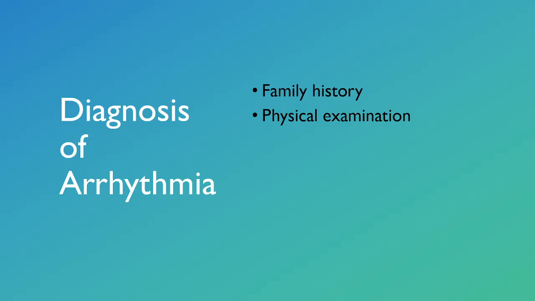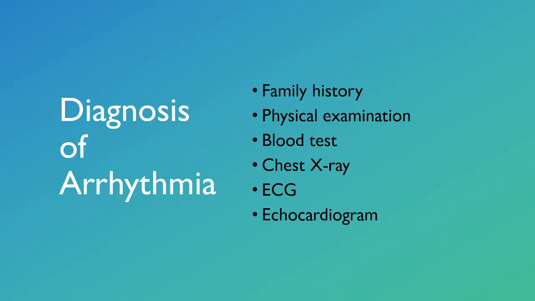These typically include blood tests, a chest x-ray, an ECG, and an echocardiogram that uses sound waves to create a moving picture of your heart. Sometimes heart monitoring needs to be worn for a specific period of time to detect intermittent arrhythmias.